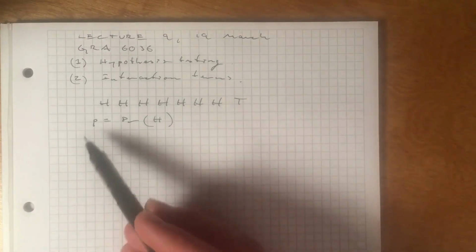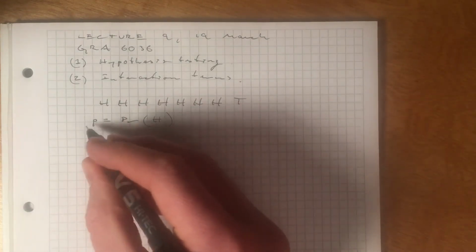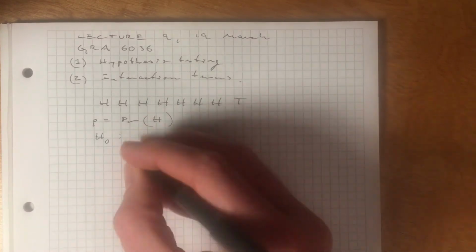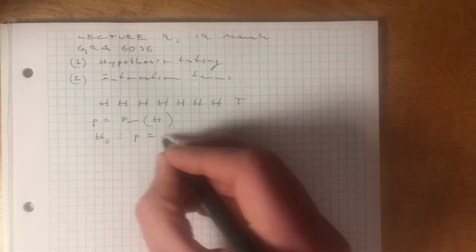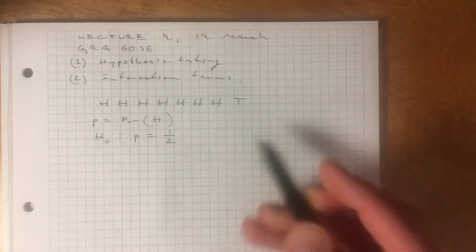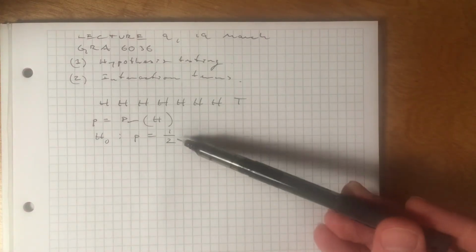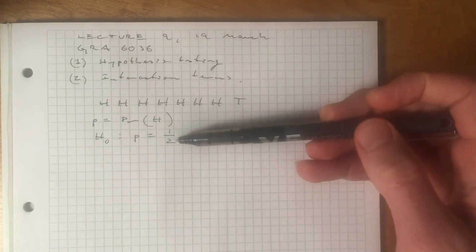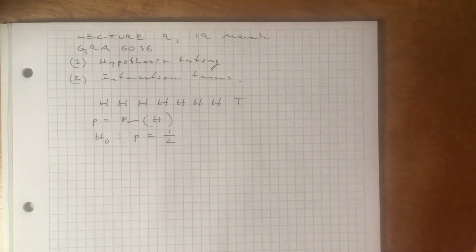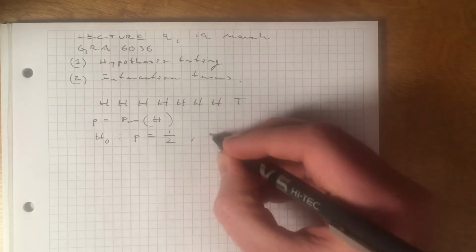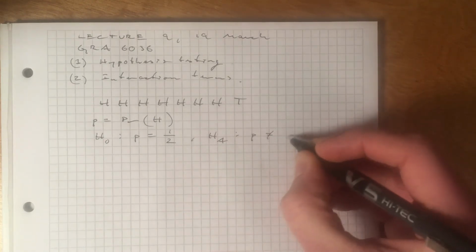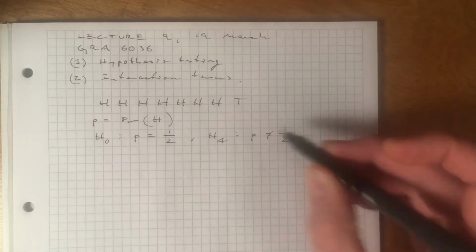Then our baseline hypothesis about this p, what we call in statistical language the null hypothesis, is that p is equal to 1/2. Then the coin is called fair. The alternative to it not being a fair coin is that it's an unfair coin, so the alternative hypothesis is that p is not equal to 1/2.